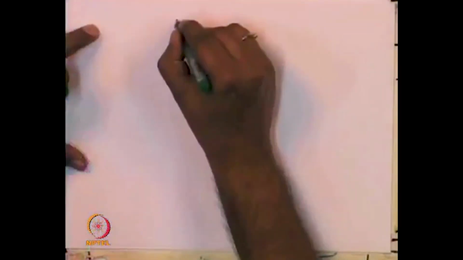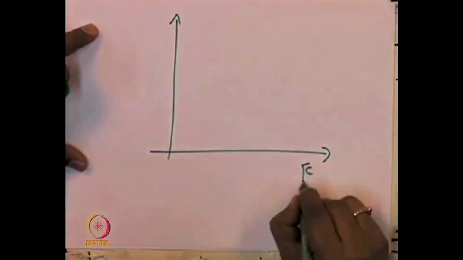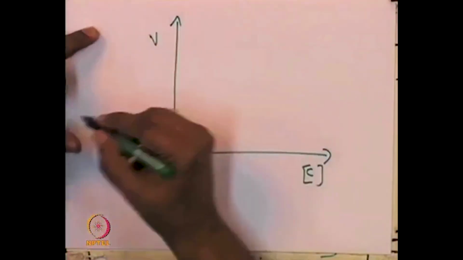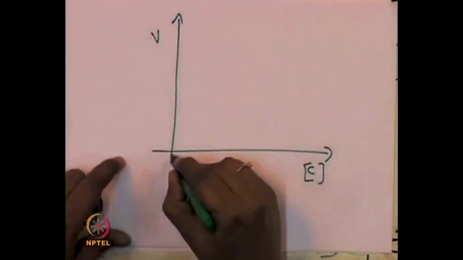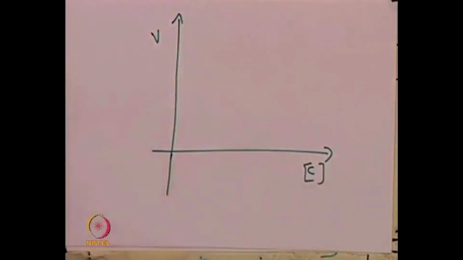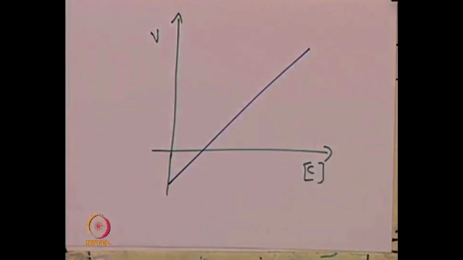We had this curve, which is concentration versus velocity for actin, and it looked something like this. Now, we predict that if you do an experiment for some other polymer, let us say microtubule, how will the curve look?